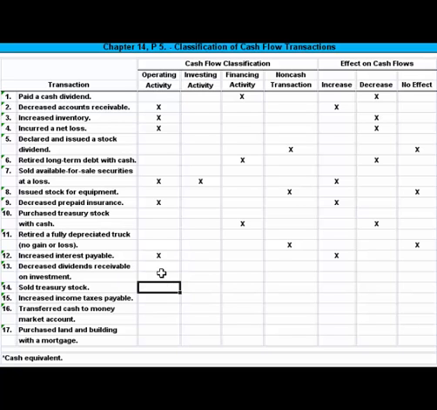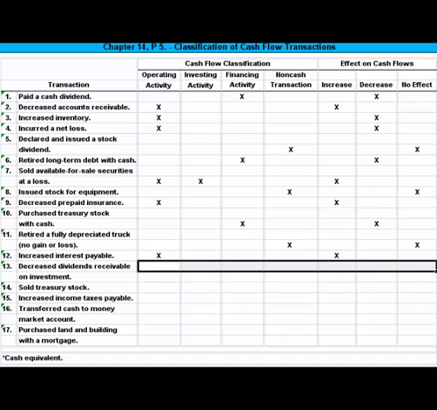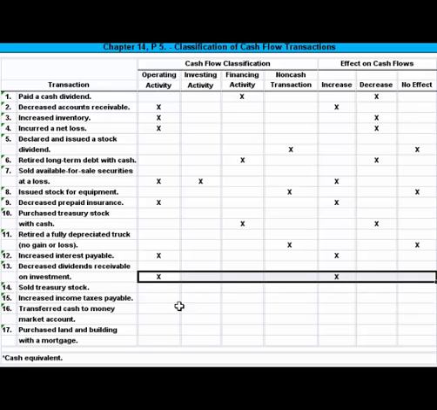Okay, decreased dividends receivable on investment. So we go down to the next line. A decrease in dividends receivable means we have a decrease in assets. It's the receivable itself that we're concerned with, and that relates to an operating activity.